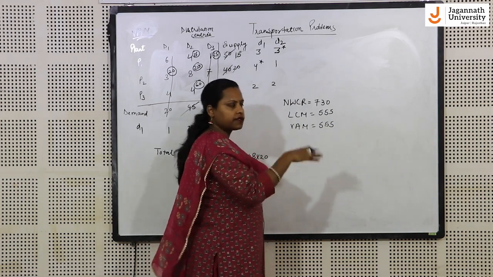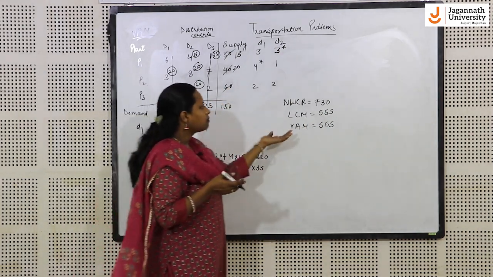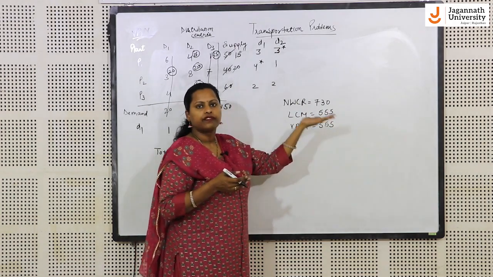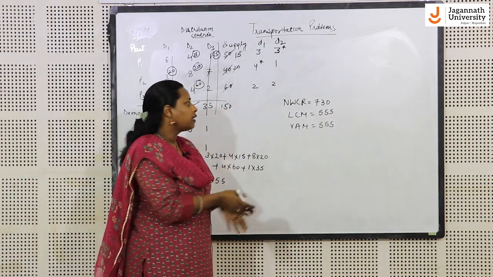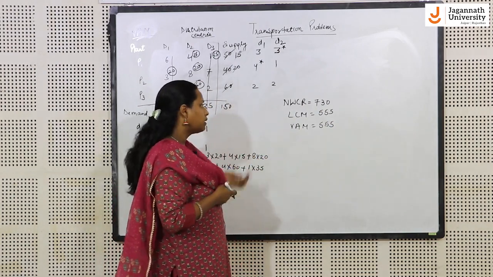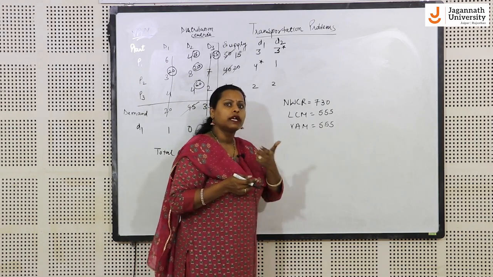Generally it reduces, fine. The next method is better than the previous one. So here the cost is 555 units in VAM, but in rest cases what you can see यहाँ पर आपकी cost और भी कम हो जाएगी.